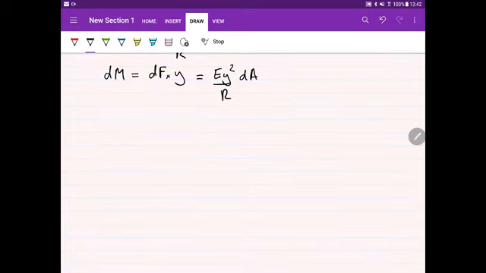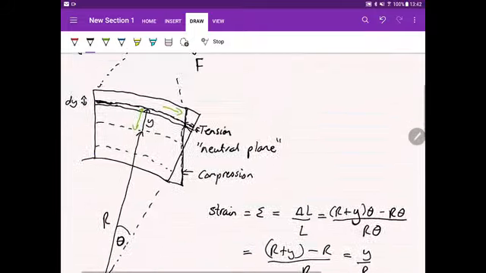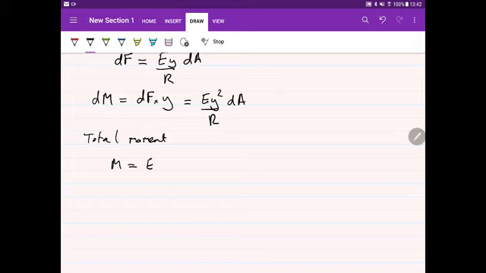So a bit of integration would then tell us that the total moment, so this is the total moment just in this elemental volume, M is equal to E over R. Then we'd have to integrate over all the different planes, y squared dA, and that would give us the total moment.